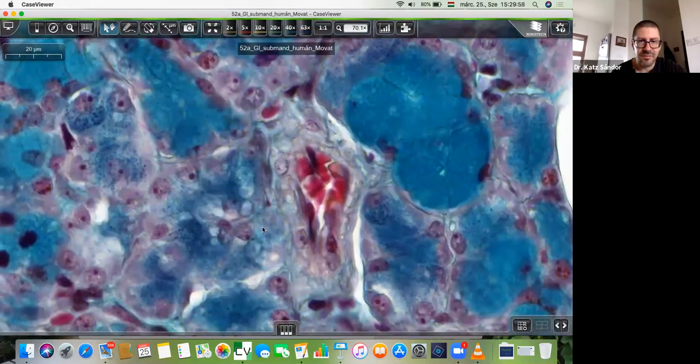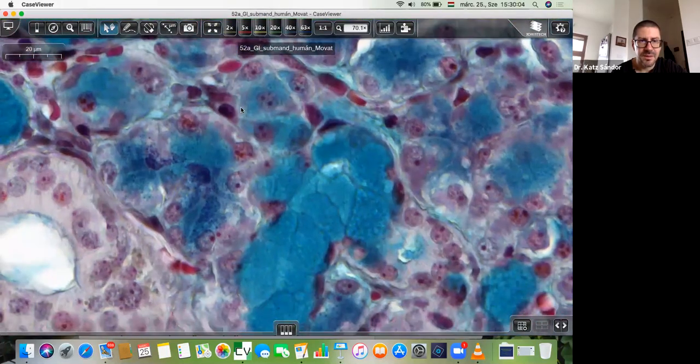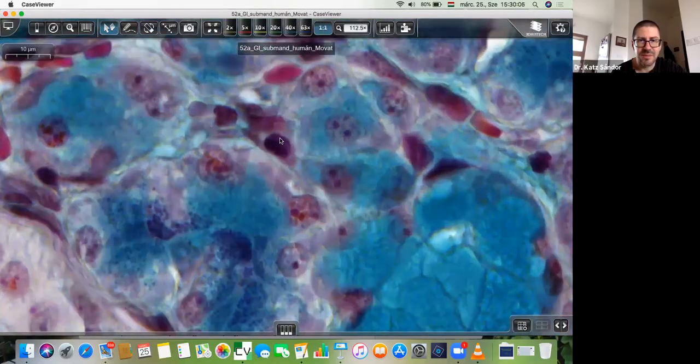You're welcome. This is a capillary with red blood cells. This is another plasma cell. So here we have the cytoplasm, a prominent cytoplasm. Here we have the nucleus, and there is a little bit of a dark area inside. So we have the clumps of chromatin, so it's a plasma cell.